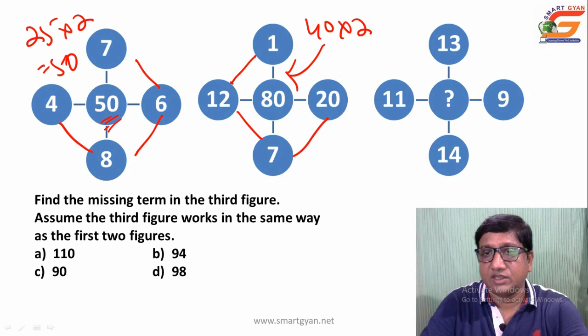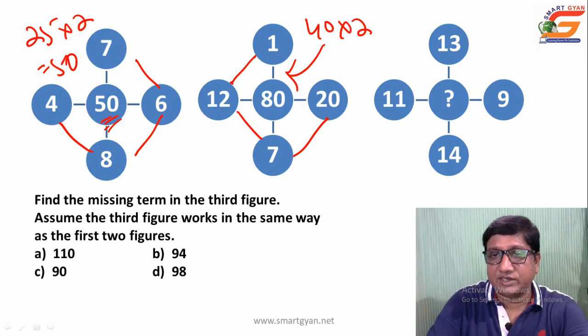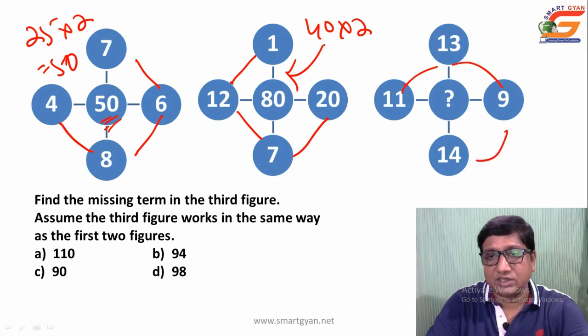Yes. Then coming to the next, 11, 13, 14, 9, that is 23 plus 14, that is 37. The sum of all these is 37 into 2.